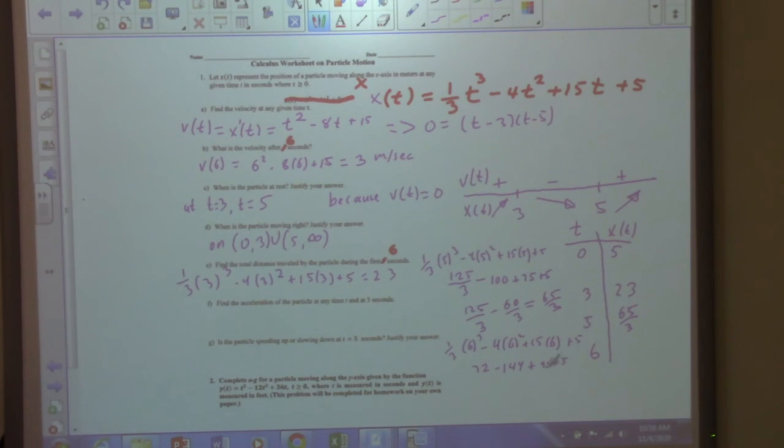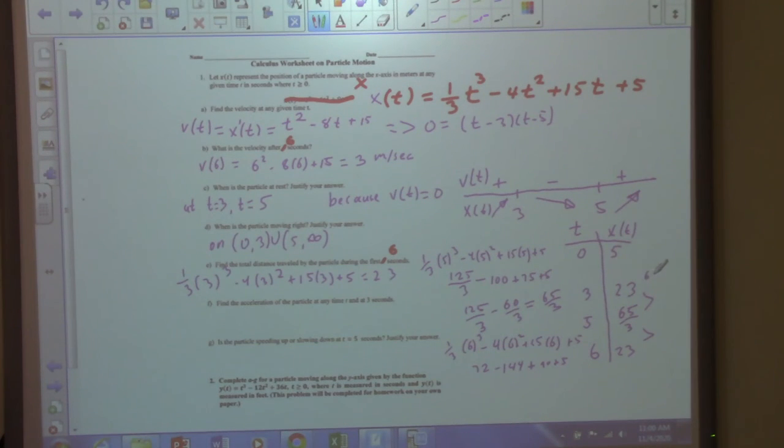So we got, that's negative 72. Negative 72 plus 90 is 18. 18 plus 5 is 23. Back to 23. So you can see that we went down a very little distance here. We got up to the same place and went back. And this distance here, let's see, that's gonna be 69 thirds, right?